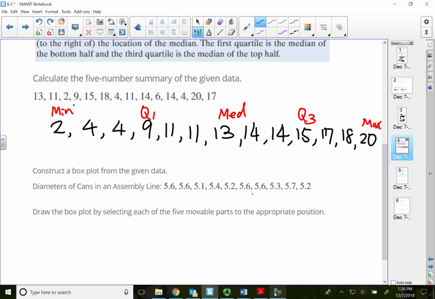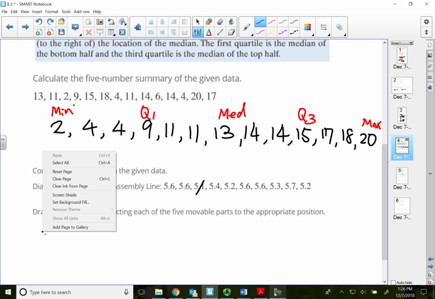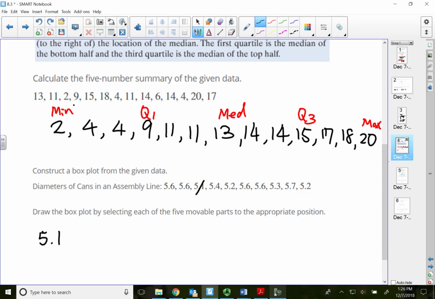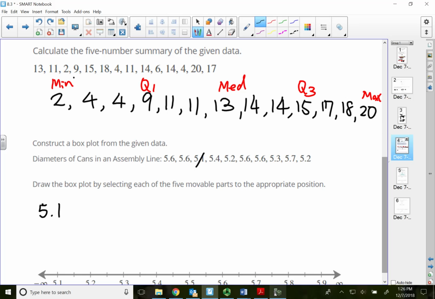What's my smallest number? 5.1. So I'm gonna put it right here. I'm gonna draw this box whisker plot here in a minute by hand. 5.2, 5.2, 5.2 right there.